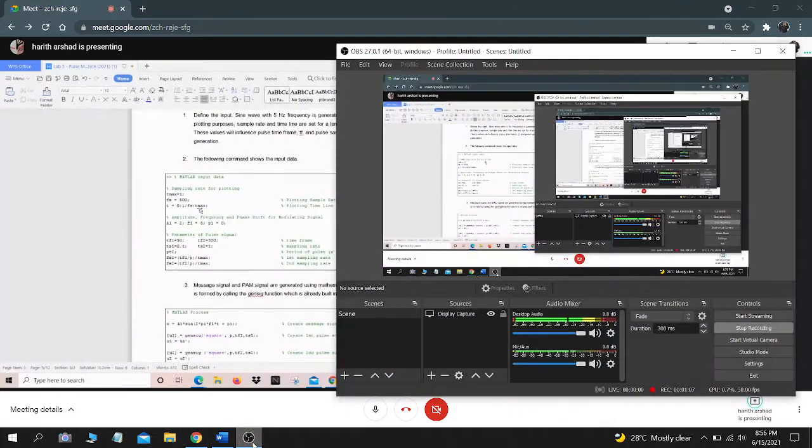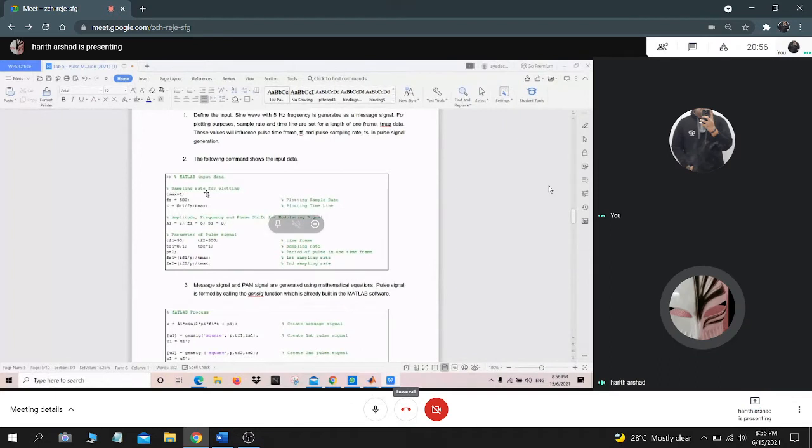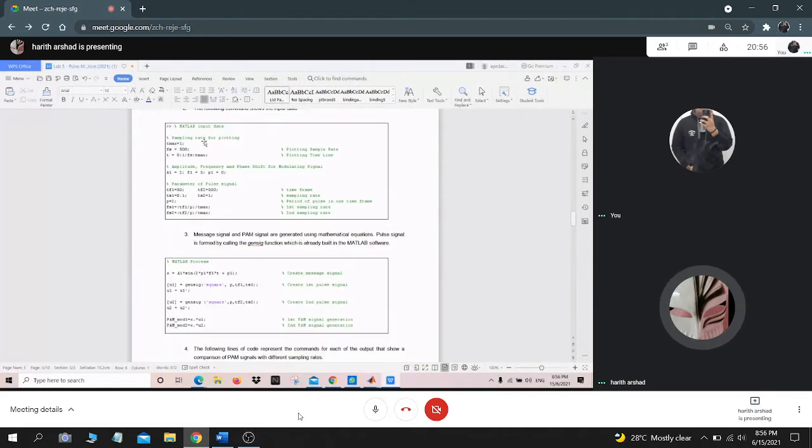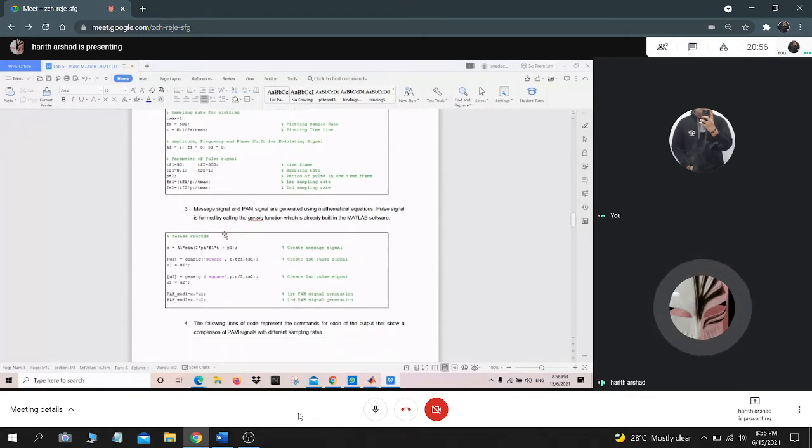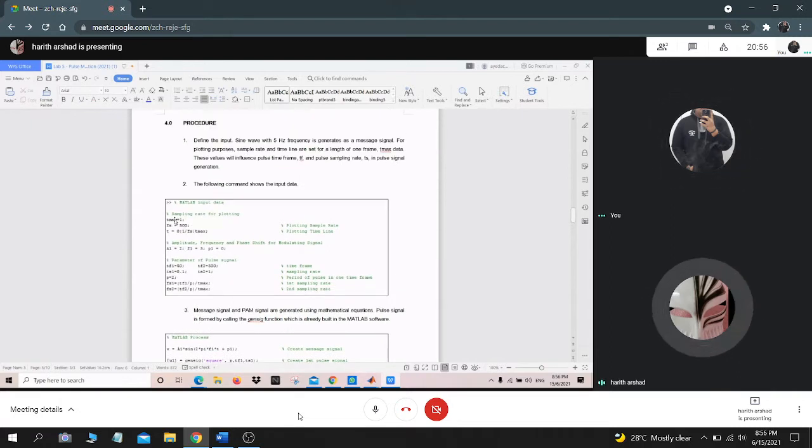Firstly, we must copy the MATLAB code for input data and MATLAB process. This is the sampling rate for plotting.